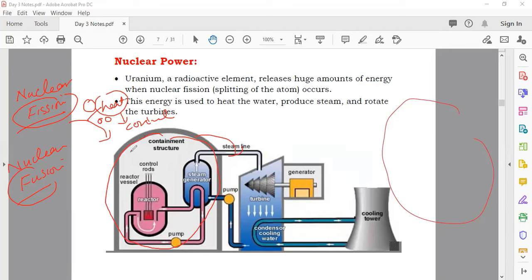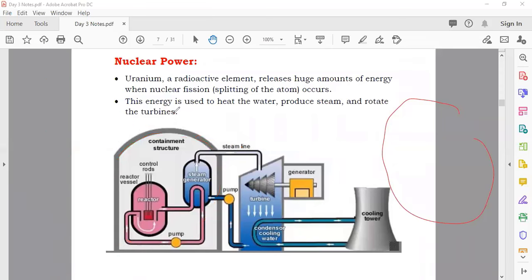And if you cannot control that heat, it is used in a nuclear bomb as a weapon, like the ones America dropped on Hiroshima and Nagasaki in Japan. That is uncontrolled. And in the nuclear power station, it is controlled. Whatever heat you need, you can control. This is what happens in a nuclear power station.